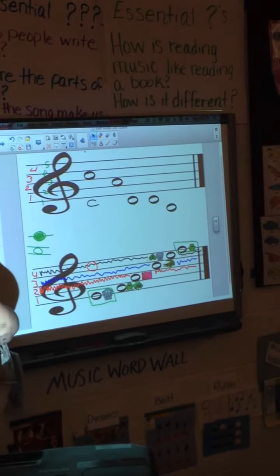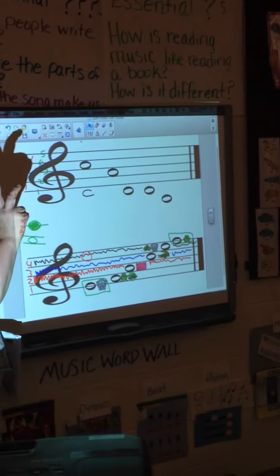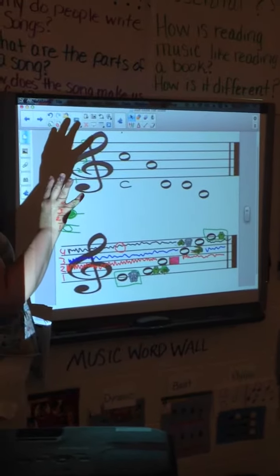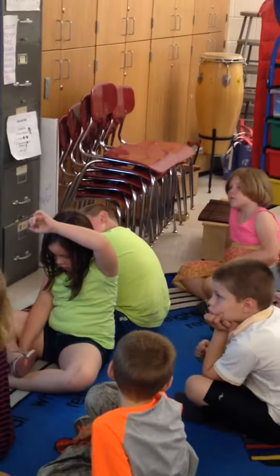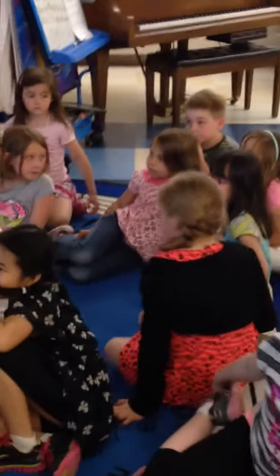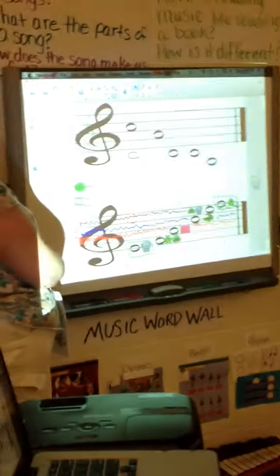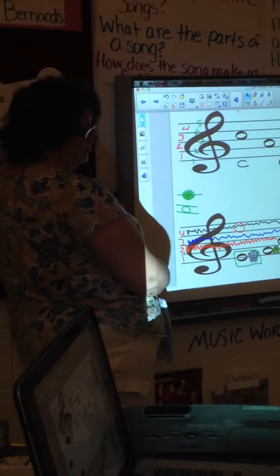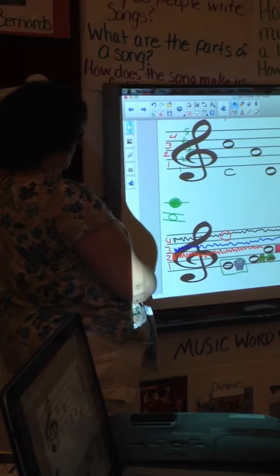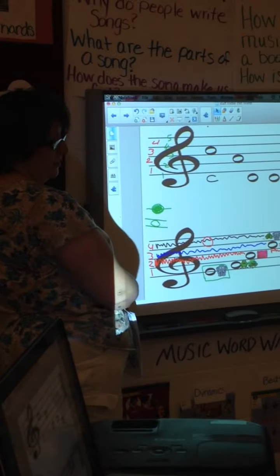Raise your hand if you want to tell me. I want to know, is it the first space, second space, third space, or fourth space, or a line? Elena? Second space. And what note is that, Elena? A. How did you know that, Elena?